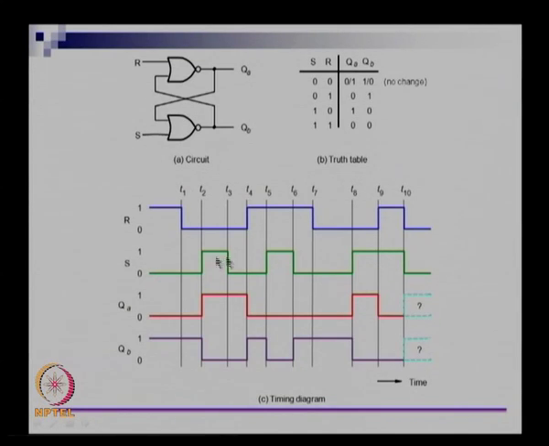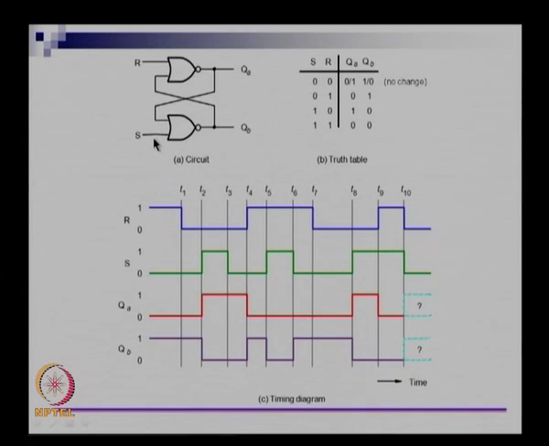Let us see this waveform without making any of these assumptions. Let us say that R is 1 and S is 0 for a while, and QA is 0 and QB is 1, because if R is 1 then QA is 0, it is quite apparent. If R is 1, 1 NOR 1 is 0, so QA is 0.